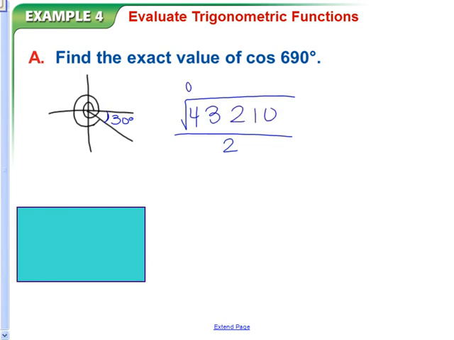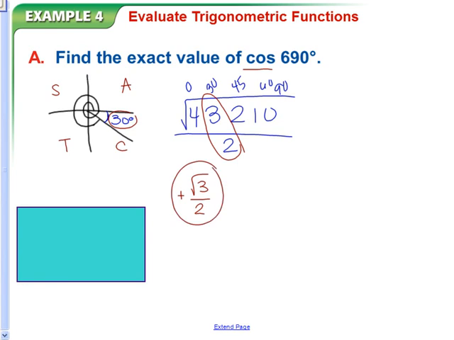So 4 is for 0 degrees, 3 is for 30, 2 is for 45, 1 is for 60, 0 is for 90. We're looking at a 30-degree angle here, so it's the square root of 3 over 2. Now double check if it's positive or negative. All Students Take Calculus. Here, cosine is the only one that's positive. We are doing cosine, so it is a positive number.